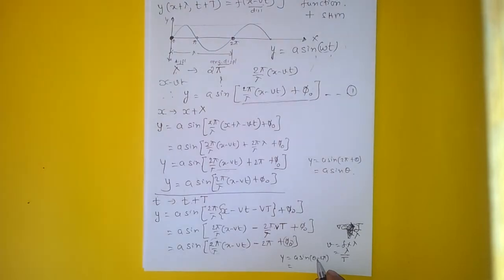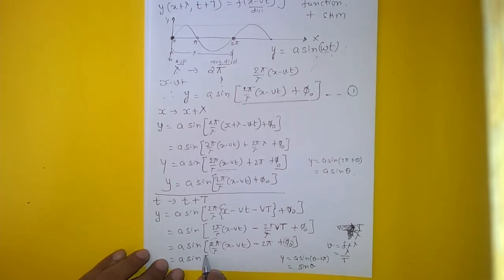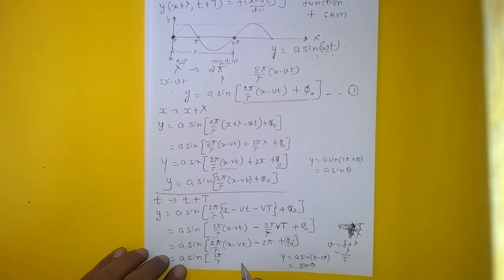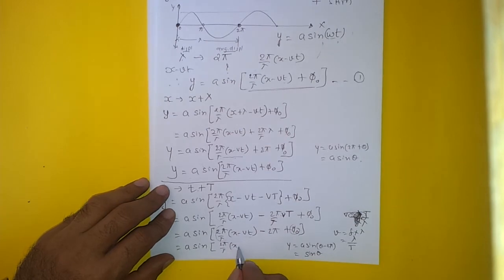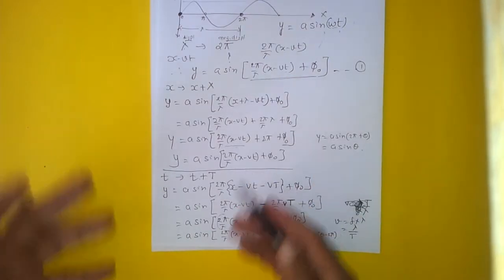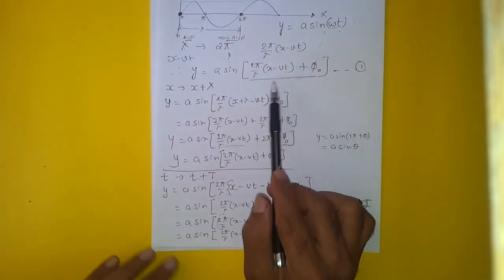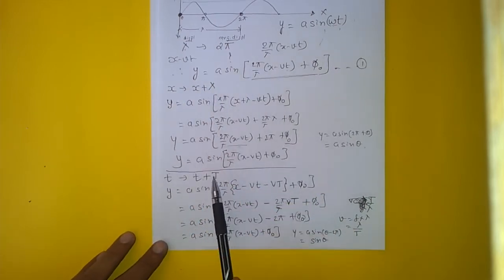By trigonometry, I know that a sine of theta minus 2 pi is a sine theta. Therefore, this will become a sine of 2 pi upon lambda x minus vt plus phi 0, and it is the same as equation 1. So I have confirmed that this harmonic wave function is periodic with reference to lambda and with reference to t.